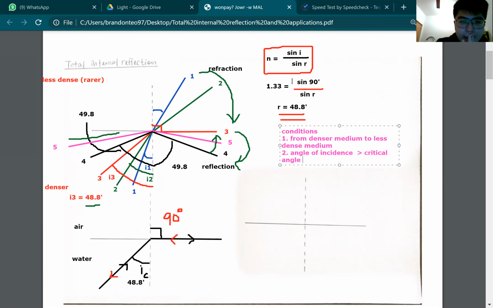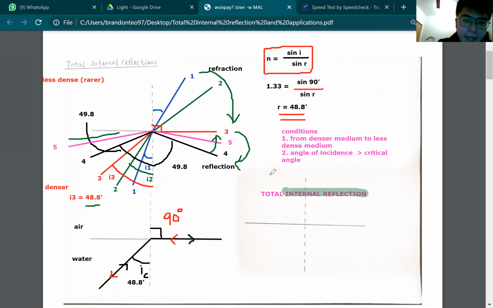If you look at total internal reflection, what does that actually mean? Internal reflection means it is like a mirror reflection, but there is no mirror. Previously we learned about concave and convex mirrors, that is reflection on a mirror. Internal reflection has no mirror, but there is still reflection. That's why we call it internal reflection.